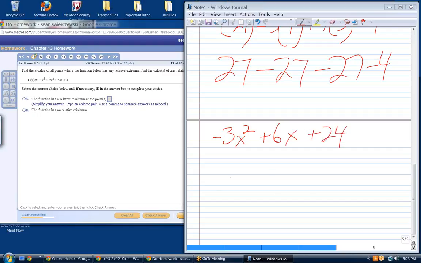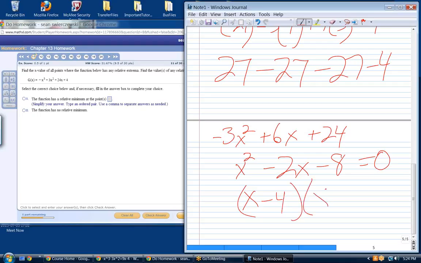We're going to divide everything by minus 3. So we have x squared minus 2x minus 8 equals 0. So that's x minus 4 times x plus 2. So our zeros are at 4 and negative 2.